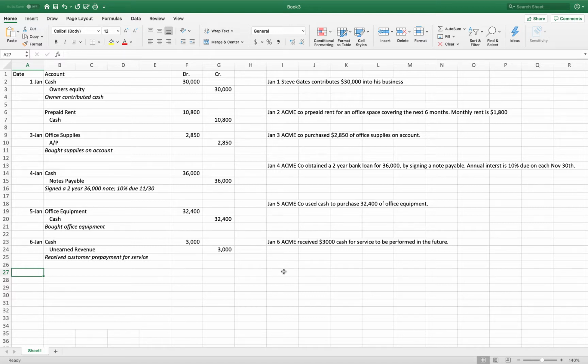Okay, so let's look at another transaction, which pretty much takes place in every single business. Provide service to customers for cash.